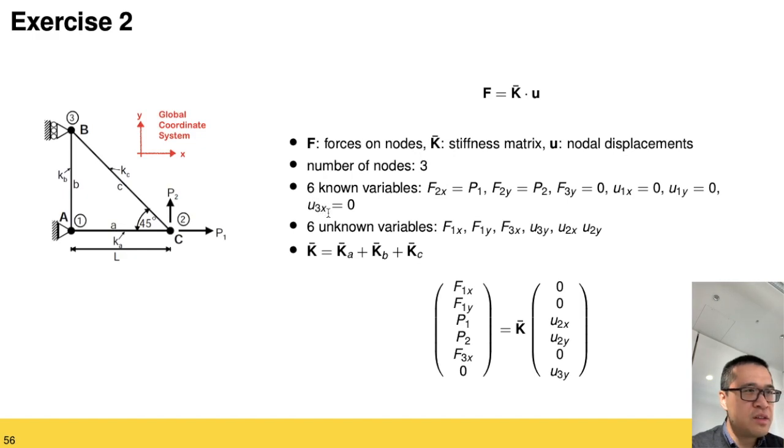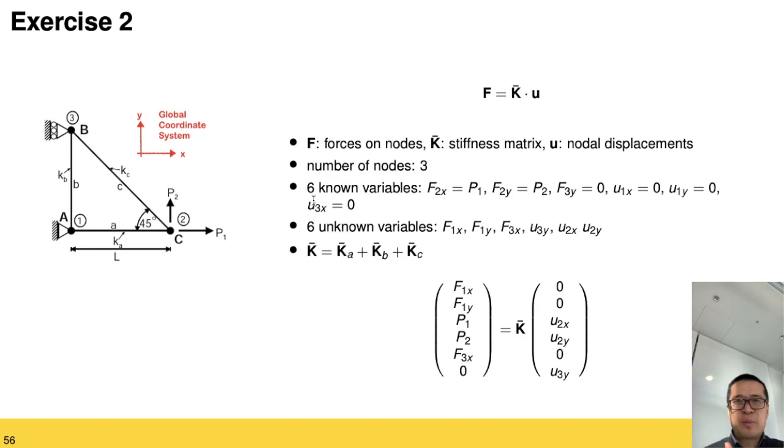Each node has two forces, one in the X direction and one in the Y direction, so we have 6 forces and 6 displacements.